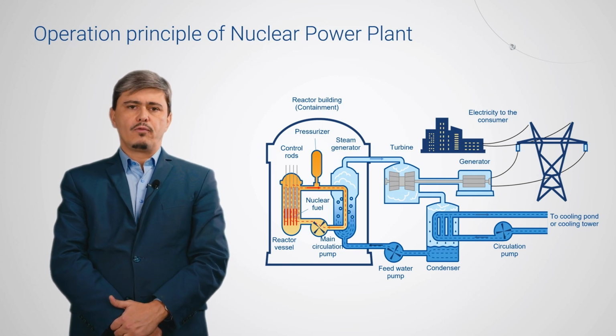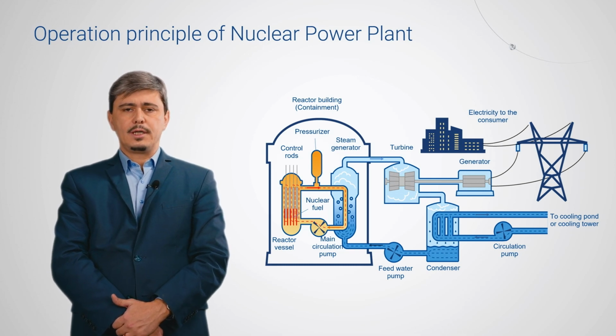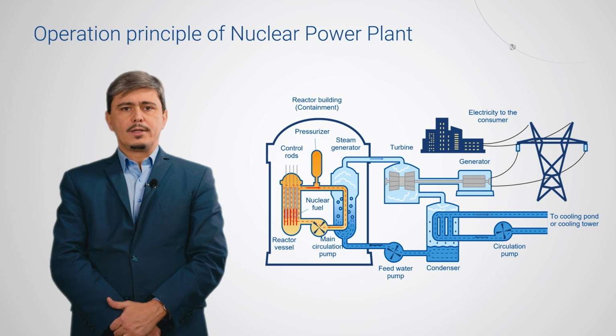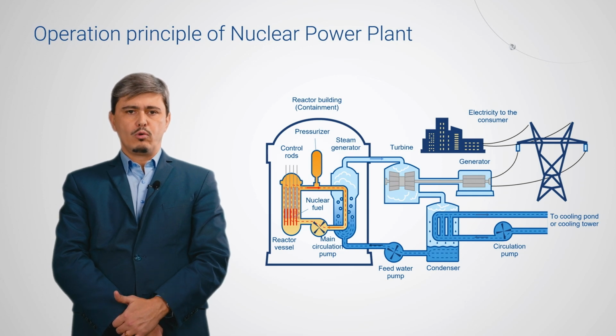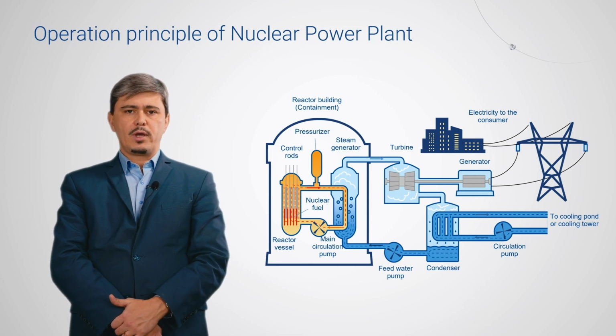In the majority of types of nuclear power plants, for this reason we can use steam, water steam. And the next question, how to get this steam. For a thermal power plant, we use different fossil fuels like oil, coal or gas, just to boil water and get steam in this way.